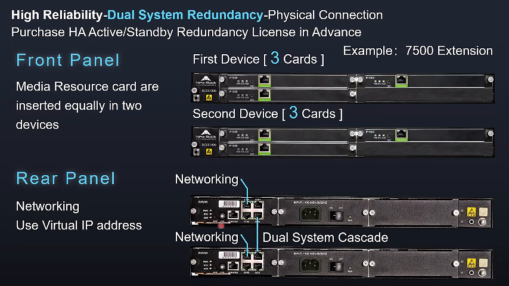And you can see in the rear panel, we support a dual system cascade, and we can also use a virtual IP. So again, the dual system hot backup supports 1+1 redundancy for power supply or network port and with regards to the control card.